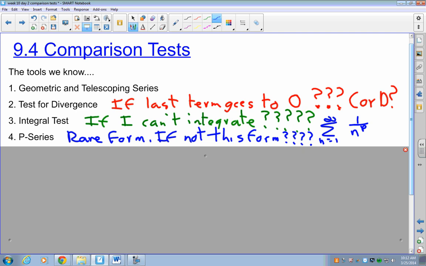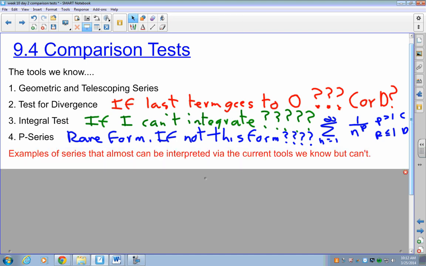That's what you're looking for, 1 over n to the p. And in that case, if p is greater than 1, it converges, and if p is less than or equal to 1, it diverges. It's a great test, but it's very rare because it's only a very specific case. So, uh-oh, I hope I have another tool. Well, you do.